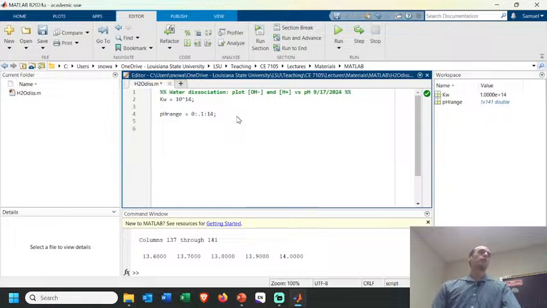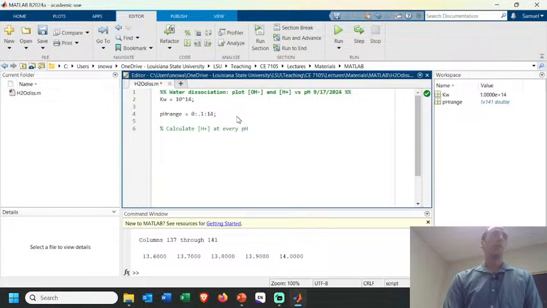Now what we want to do, the next step, is to calculate values for H plus at every pH. It's kind of obvious pH is negative log of H, so we'll say H plus is equal to 10 to the minus pH, right?